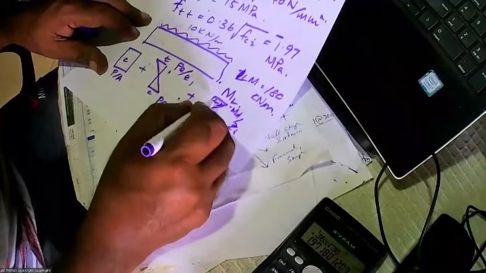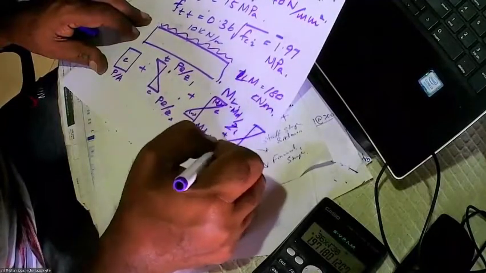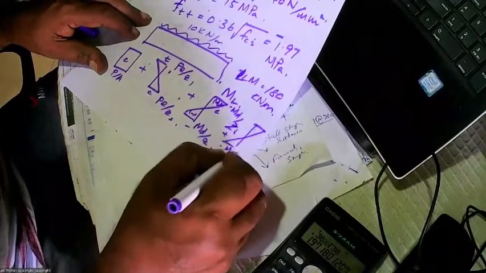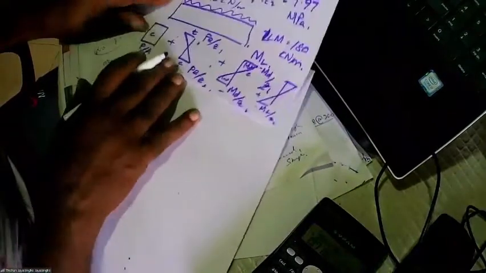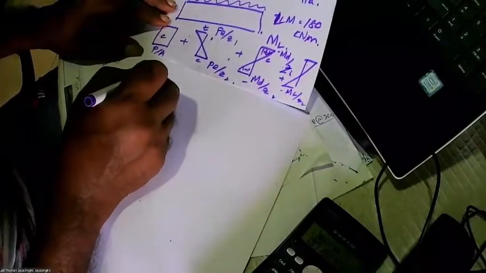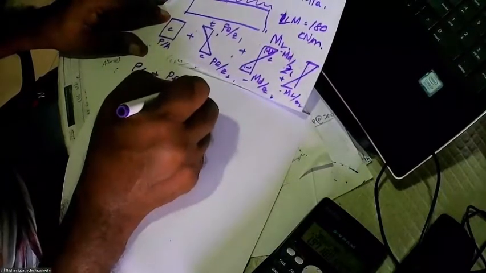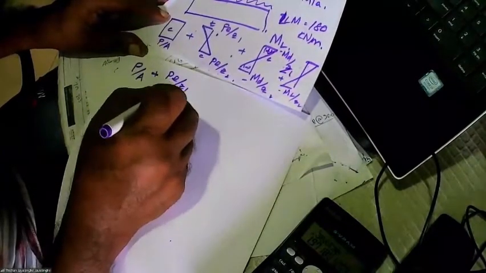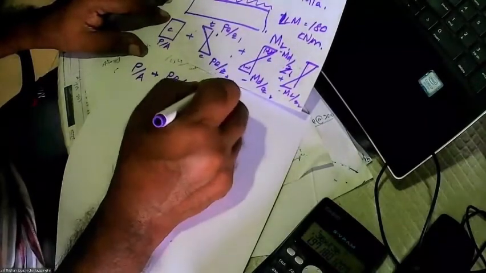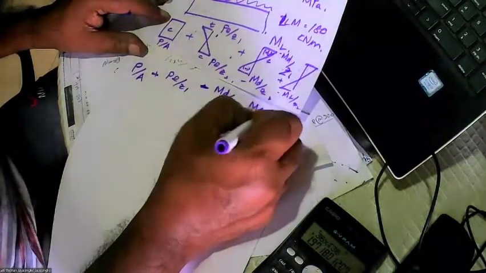These negative ones, these are positive answers, compression is negative, plus another one similar to that, and that is minus ML over Z2. Now we can write a new equation. What is the new equation? New equation is P over A plus P over Z1 plus minus MD over Z1 minus ML over Z1.